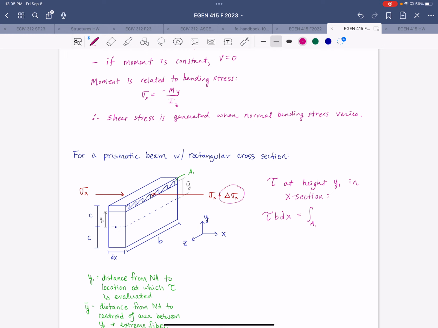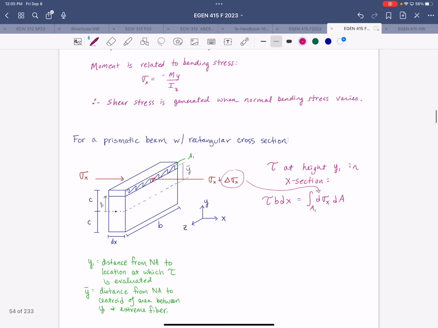So this right here, because as you can see, considering both sides, equilibrium cancels out the sigma x, and we're just left with the change in sigma x.